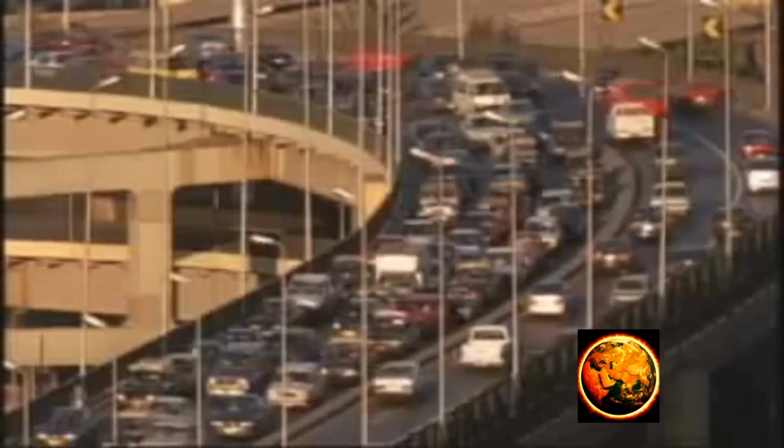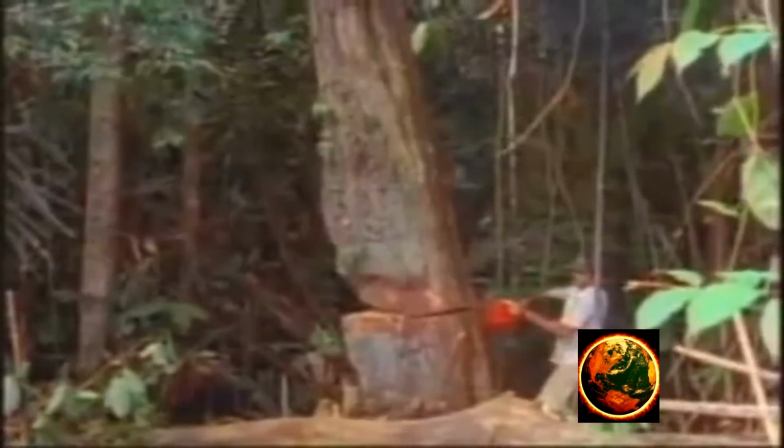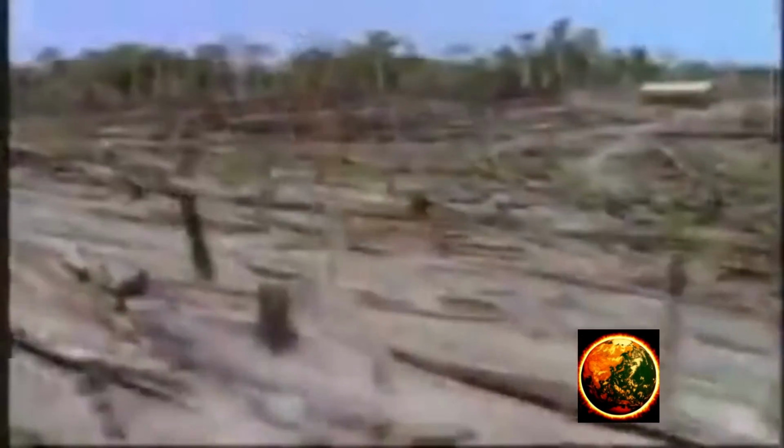Global warming is a fact. And human activity, including the burning of fossil fuels, industrial emissions, and deforestation, are the main cause of climate change and its most dangerous side effects.